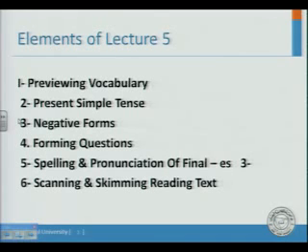And finally, we'll take a simple paragraph in English and try to scan and skim for some information like pronoun reference and guessing the meaning of some words, and to answer what is called information questions about this paragraph. Okay, so let's start.